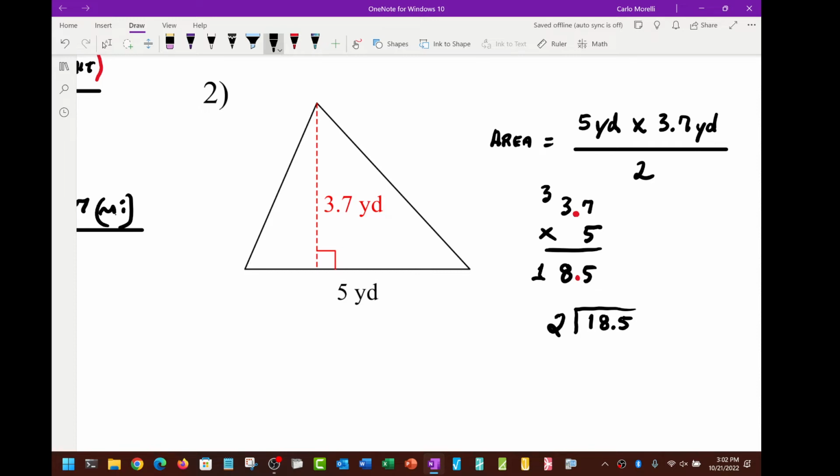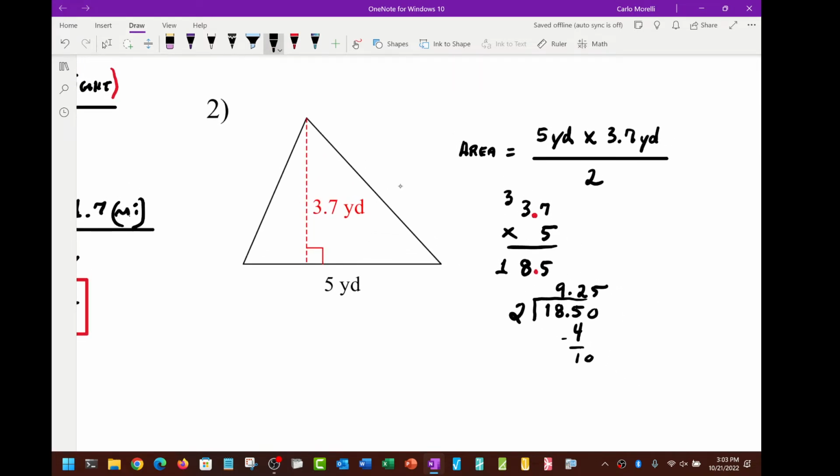So 2 goes into 18 9 times with no remainder. So we can just move on. 2 goes into 5 2 times. And 2 times 2 is 4, which leaves behind 1. We bring down another 0. And then 2 goes into 10 5 times. So it's 9.25. That's the area. So we'll write it over here.